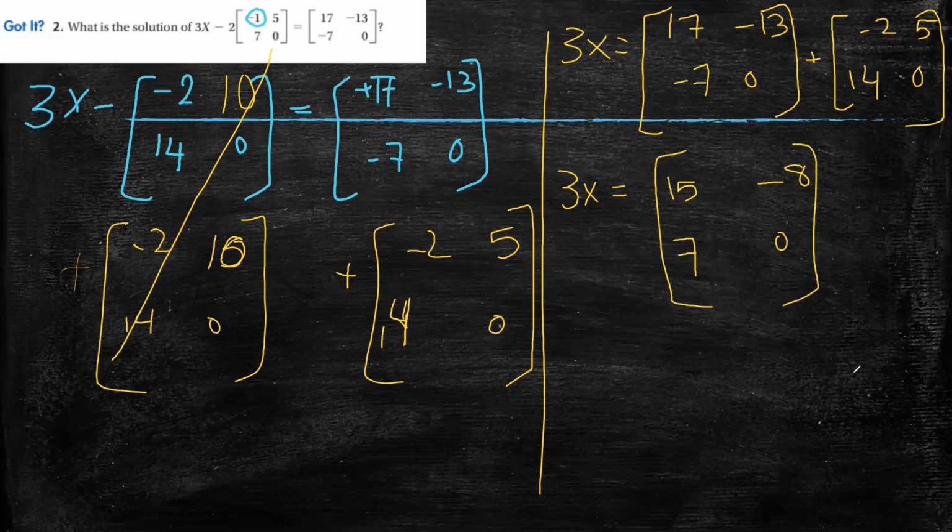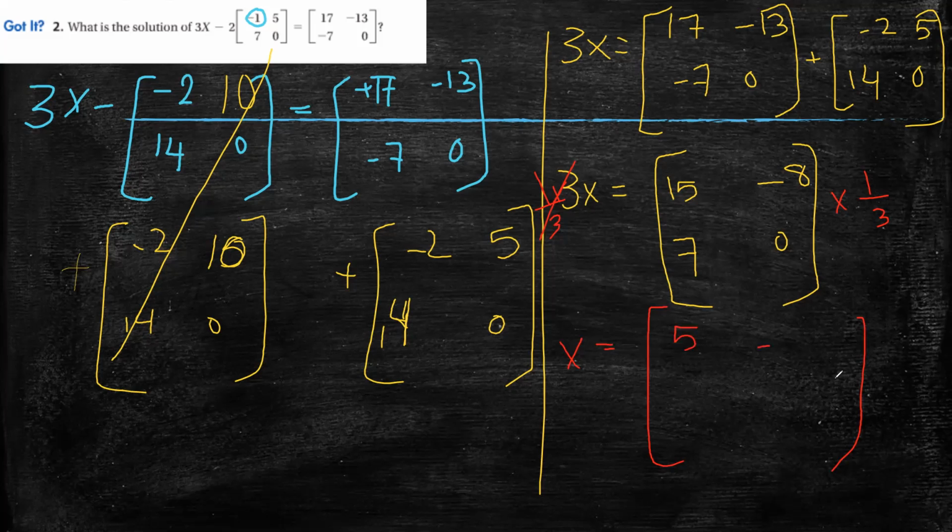Now this is 3x. I need x. So what do I have to multiply both sides by? 1 over 3. Yes, by the reciprocal of 3, which is 1 over 3. So x is one third times 15, which is 5.